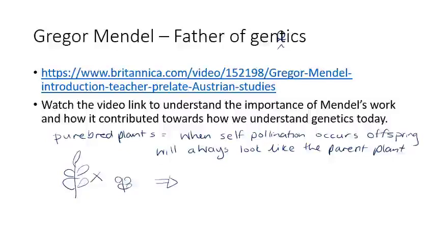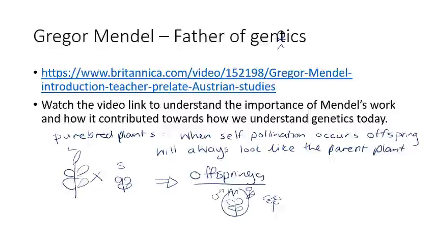And what he ended up realizing is these offspring all look the same. Okay, so now we have the offspring. But once he let the offspring self-pollinate, whatever the offspring was, maybe it was just a medium-sized plant, not a large or a small, this plant has a male flower and a female flower.